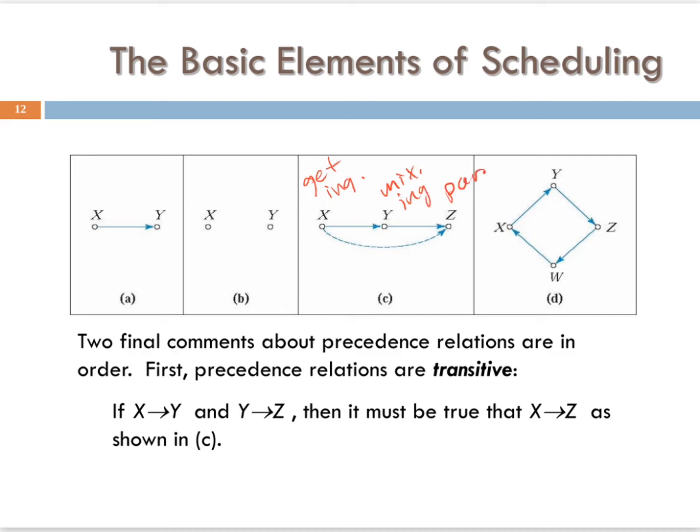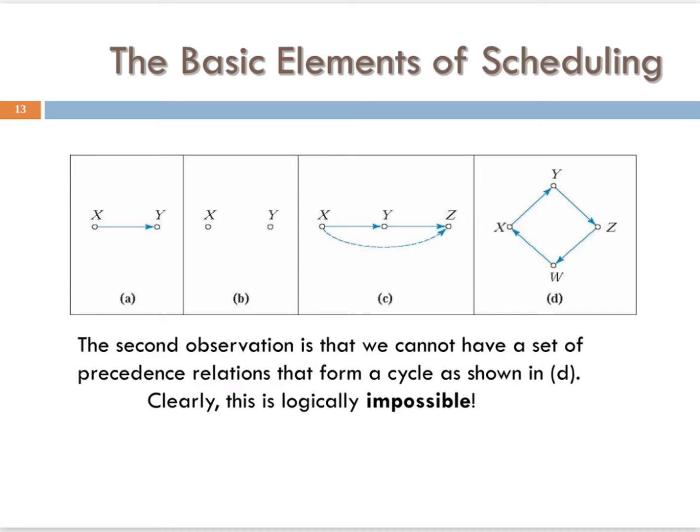And this is pour in the pan. We can't mix our ingredients until we get them, and we can't pour it in the pan until we mix them. But by the transitive property, we can't pour it in the pan until we've gotten the ingredients. It's impossible. We have to do all of the things that come before it, all of the precedence relations, before we get to the other one. Meaning that X arrow Z, or X precedes Z.